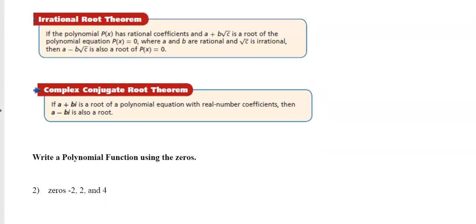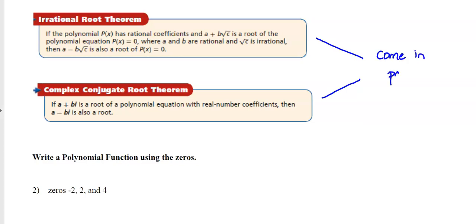All right, now we have 2 theorems. Again, we've kind of already talked about these in the course, but they're official now. Irrational roots: whenever you have to do the quadratic formula and you get some sort of a square root as one of your zeros, it's always that plus or minus. So the big thing is that irrationals, as well as complex numbers, come in pairs.